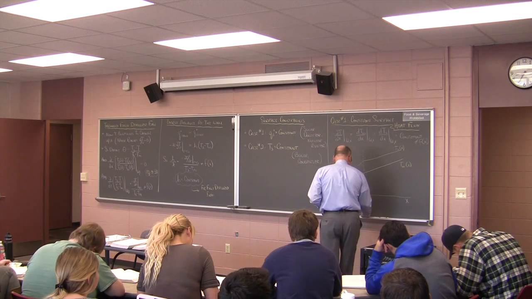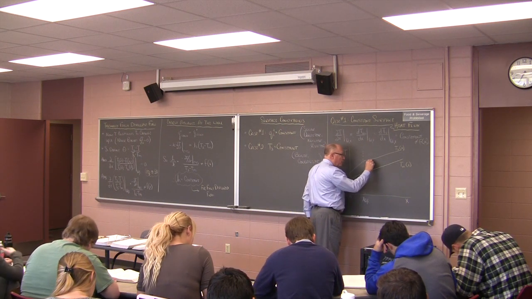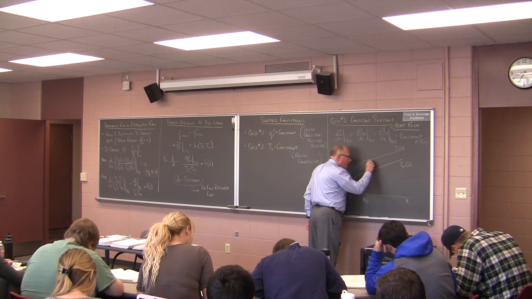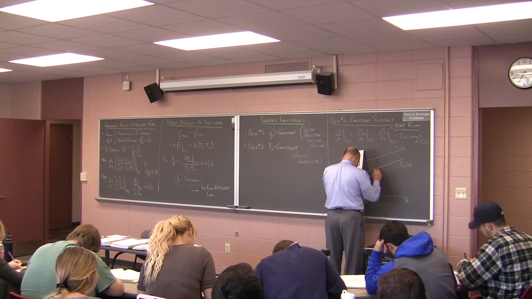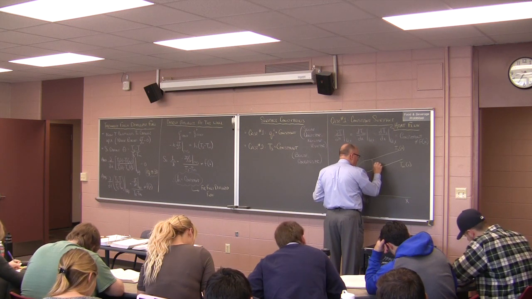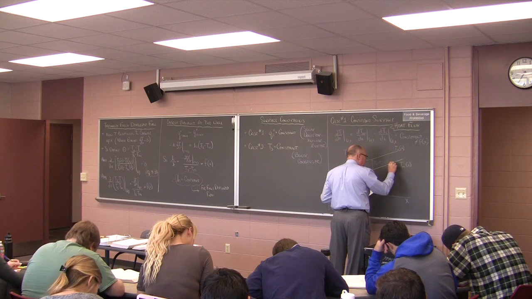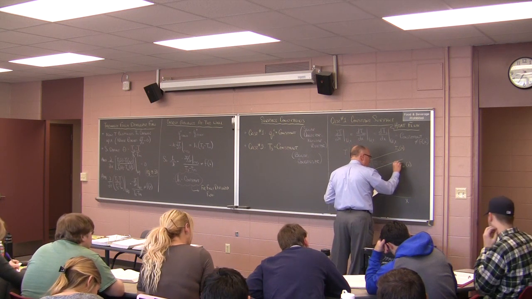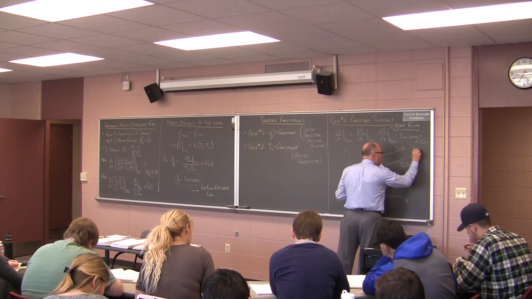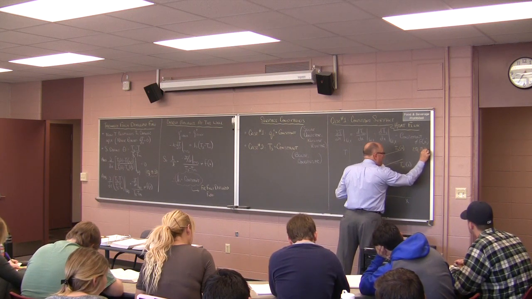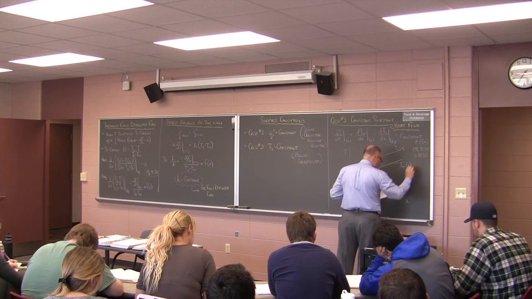And for this case, once we enter the fully developed region, this delta of Ts minus Tm becomes a constant. And by the way, these are equations 8.30 and 8.32 in your textbook.